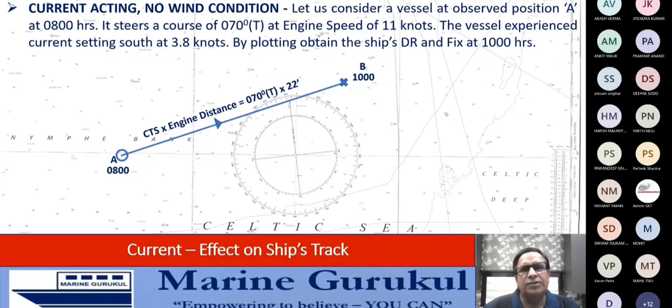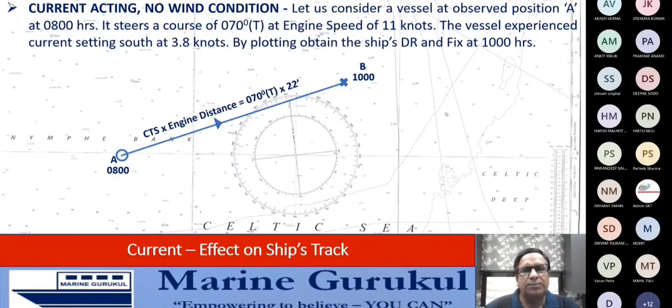Now to see how the current affects the vessel's displacement over the ground, for one time at least, let us split this into two distinct parts. Two displacement vectors, one because of ship's propulsion, other because of current, acting simultaneously, but let's assume they act one at a time, each acting for their respective 2 hours.